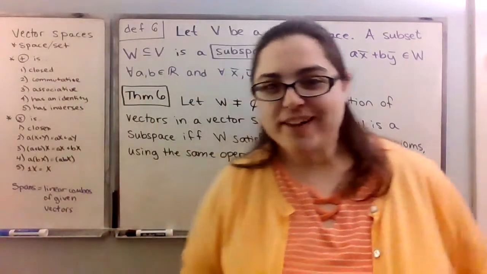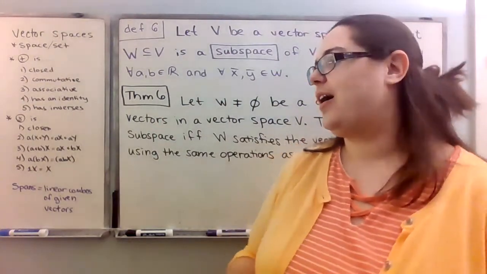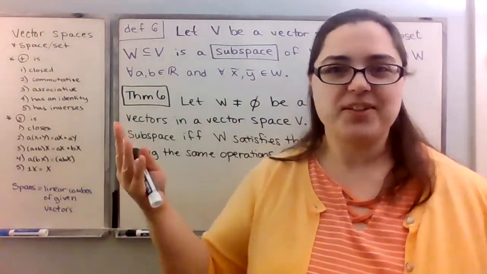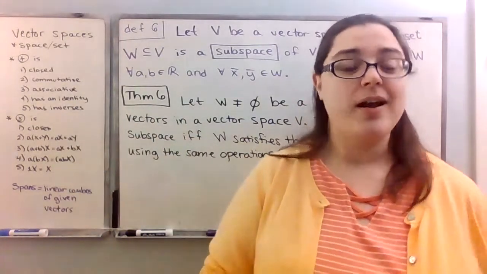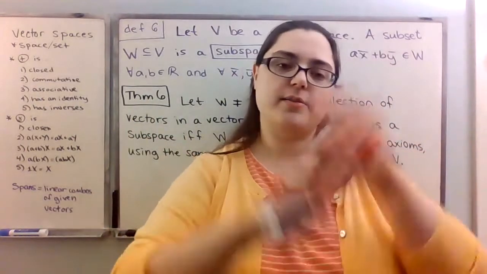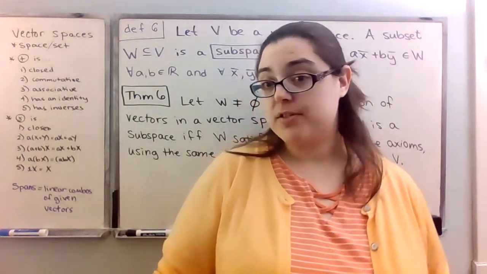Now, remember, our goal here is to try and reduce our work. So checking 10 axioms is not going to cut down on our work. But there's some good news. Because W lives inside this bigger vector space V, it inherits certain properties.